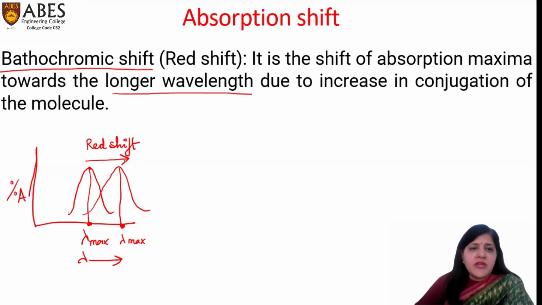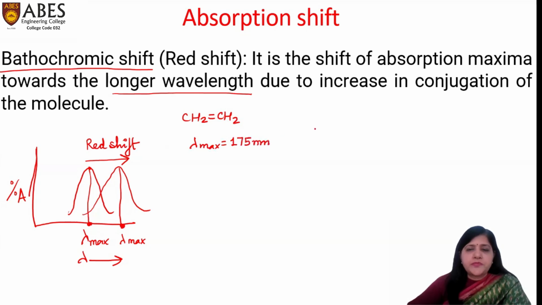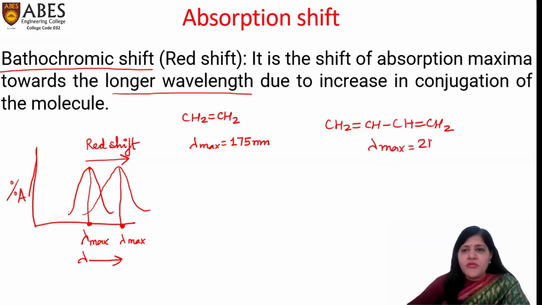For example, in this molecule, lambda max is 175 nanometer, and when there is conjugation, the molecule has enhanced lambda max at 217 nanometer.